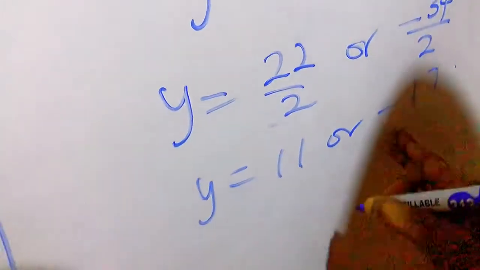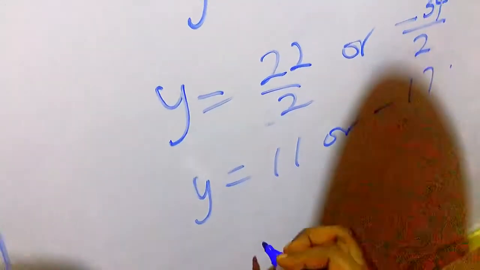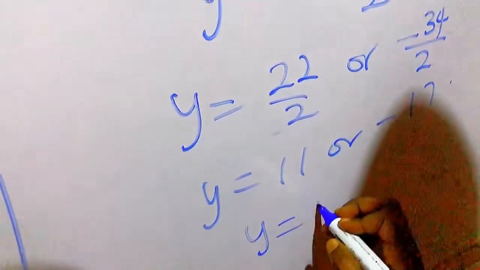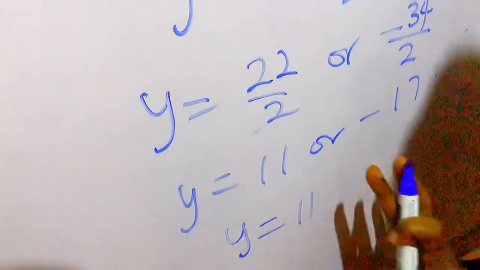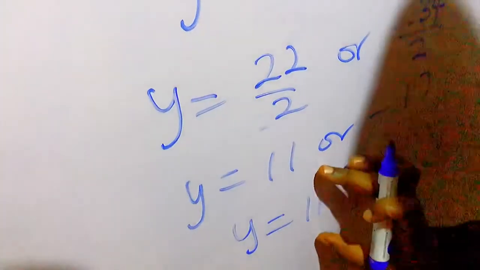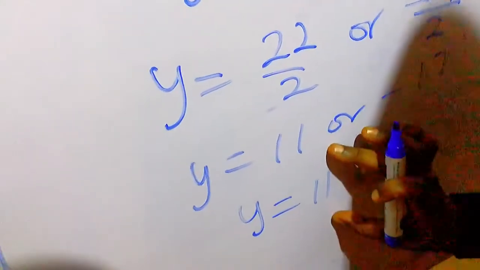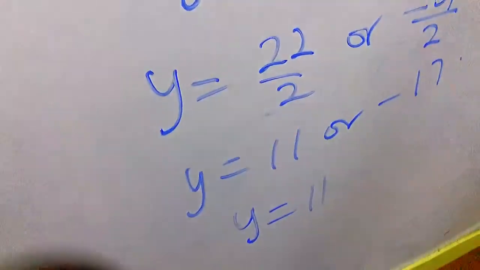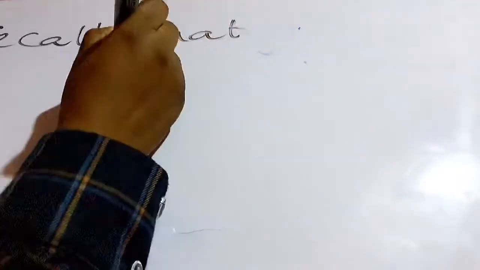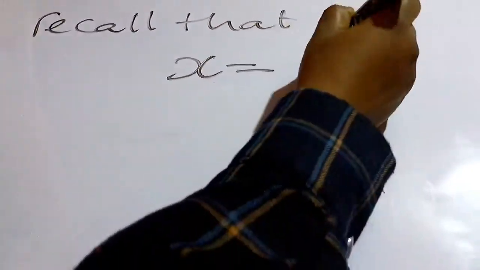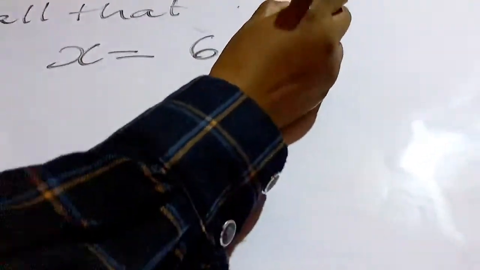Since we are dealing with age, which cannot be negative, that means y is equal to 11. Now we need to find the value of x by substituting the value of y. Recall that x is equal to 6 plus y.